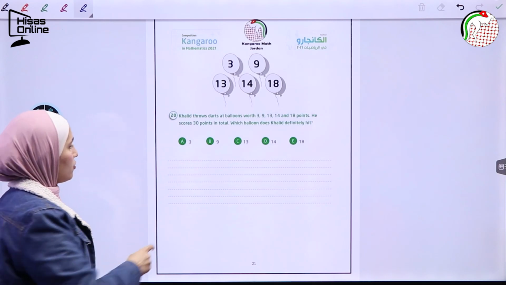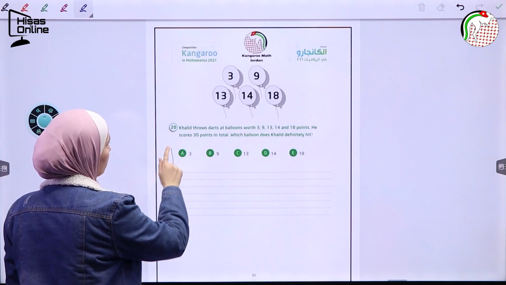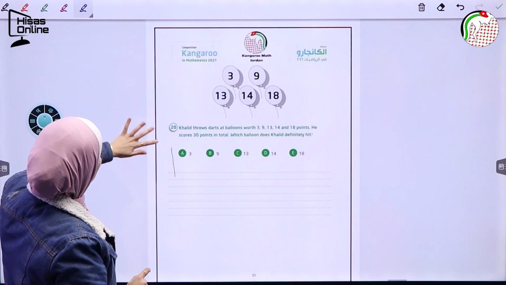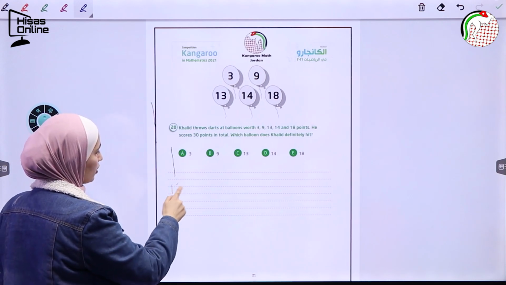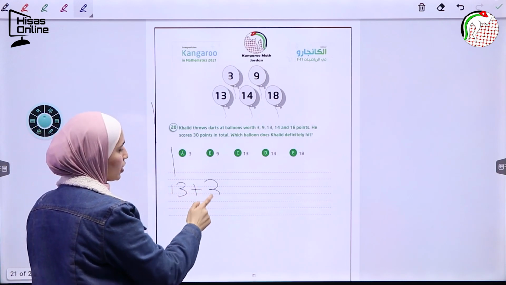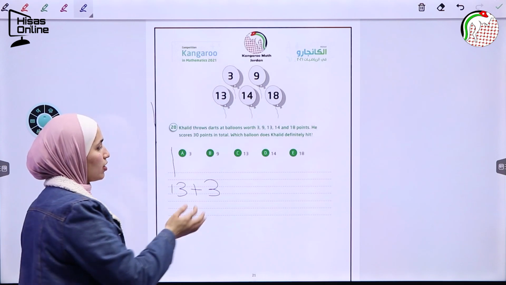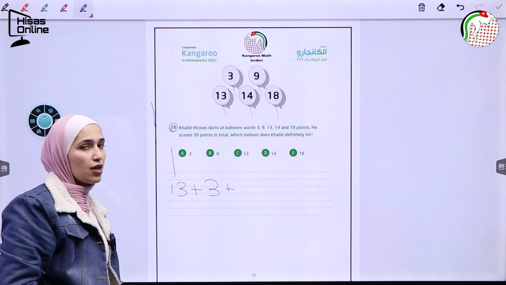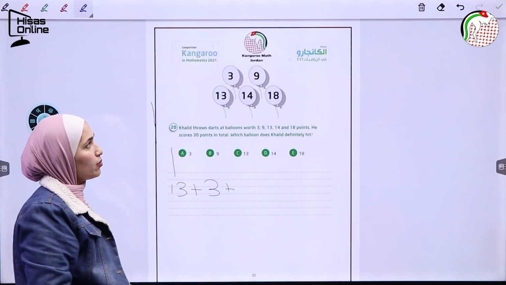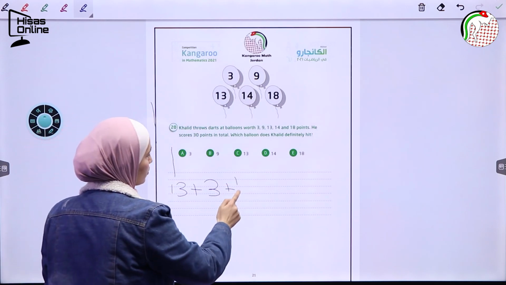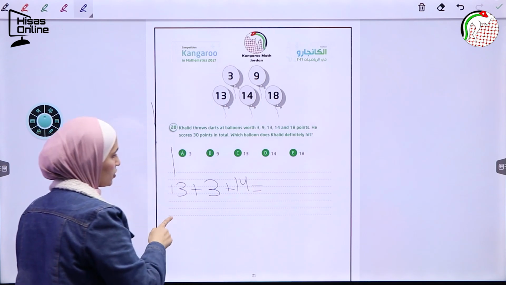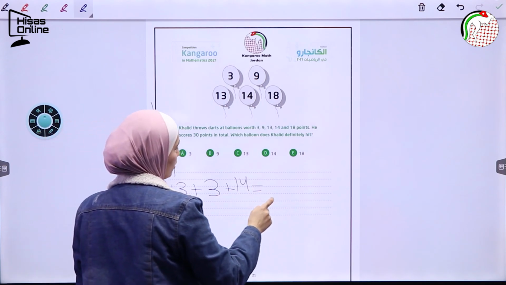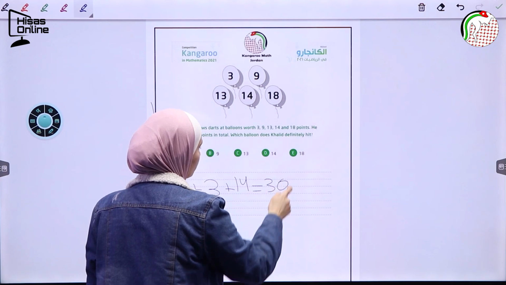So if we add 13, let's try. 13 plus 3 equals 16. 16 plus what, from these numbers, of course, equals 30? Yes, it's 14. So 13 plus 3 plus 14 equals 30.